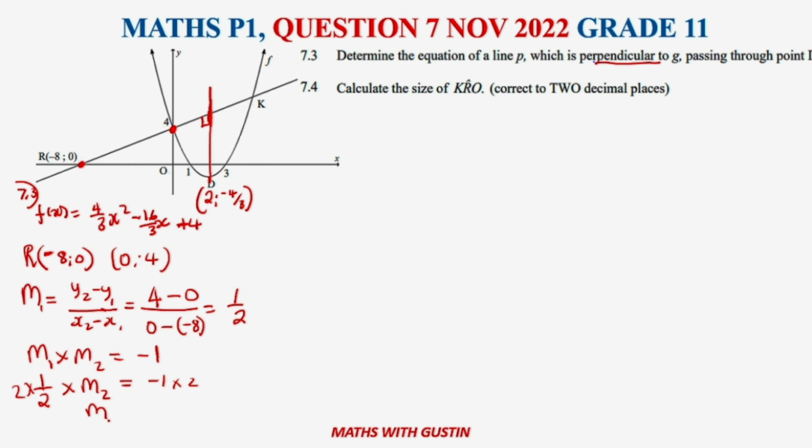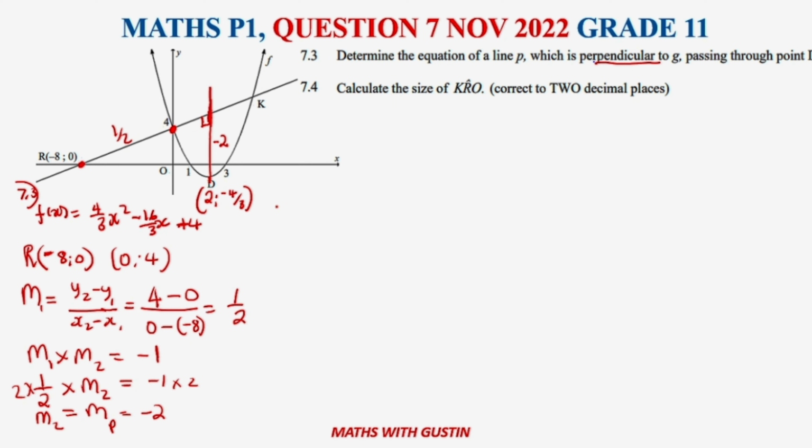Therefore m2, which is mP for line P, is going to be equal to negative 2. The gradient of the straight line was half, therefore because they are perpendicular, this one will have to be negative 2.